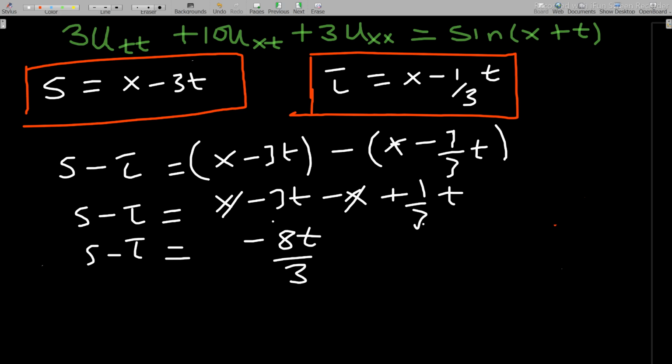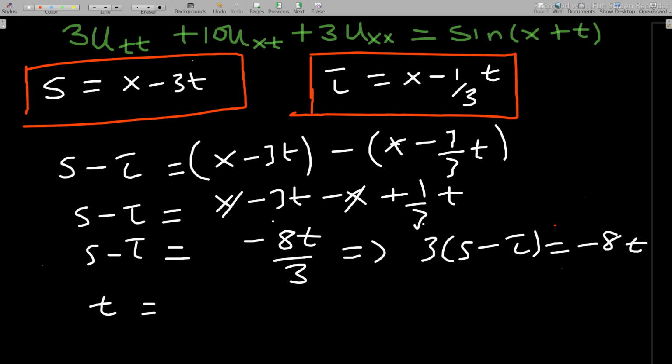So in other words, this implies that we have 3 into s minus tau equals negative 8t. So it means that my t will be equal to, dividing through by negative 8, 3 over 8.